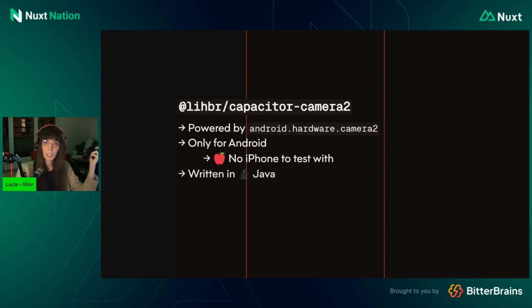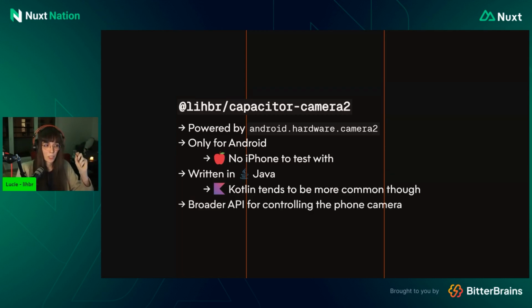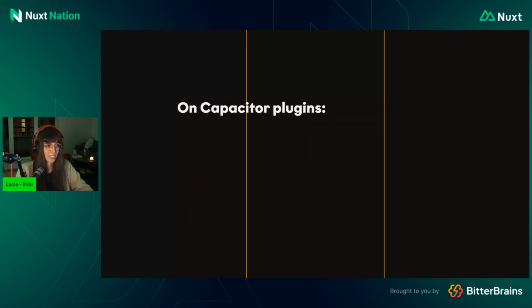Also, it's written in Java. It's more common these days to use Kotlin for Android development, but I worked at a bank before. We are using Java there, so I was more at ease with Java. I didn't want to learn a whole new language for that. And finally, and more importantly, this plugin has a broader API for controlling the phone camera, which is what I was after to start with.